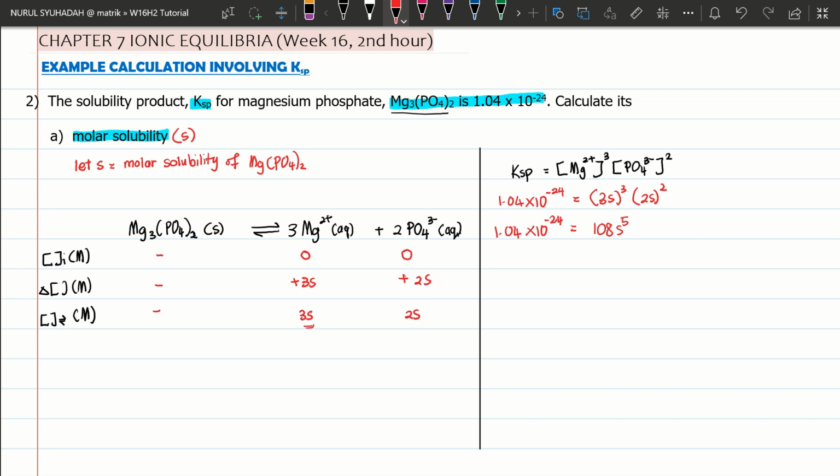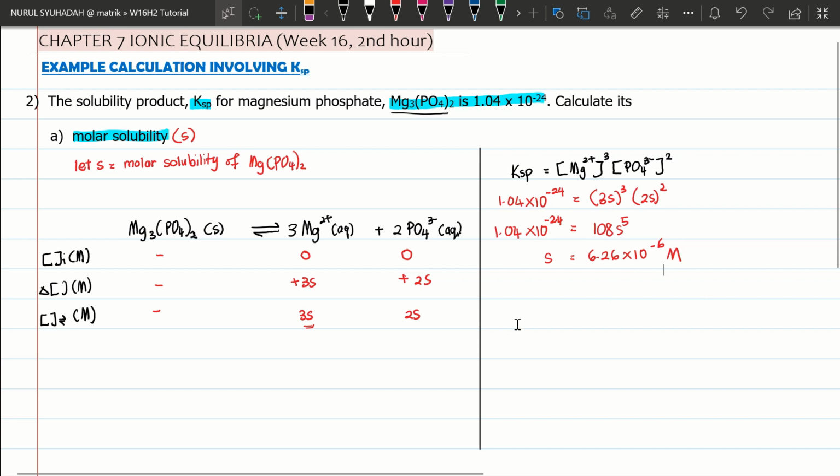Okay, and then daripada sini awak carilah berapa nilai S. So the value of S that you will get is 6.26 times 10 to the power of negative 6 molar. Jangan lupa mesti ada unit. Okay, so inilah jawapan kita untuk molar solubility, the value of S.